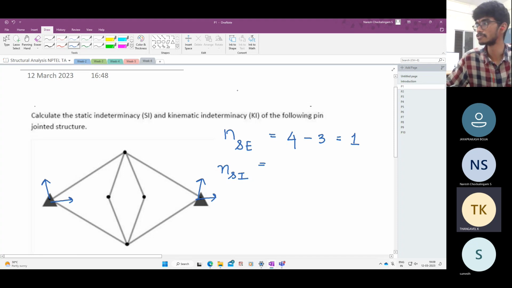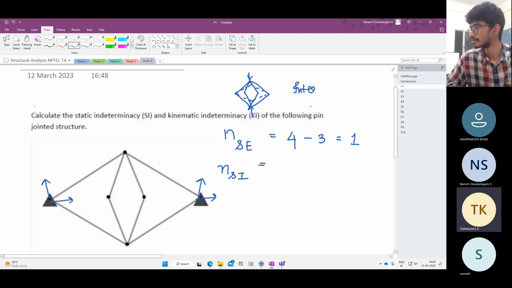It is not totally unstable. If you take this part alone and apply forces like this, it will accelerate. It will just go like this. So it is internally unstable.